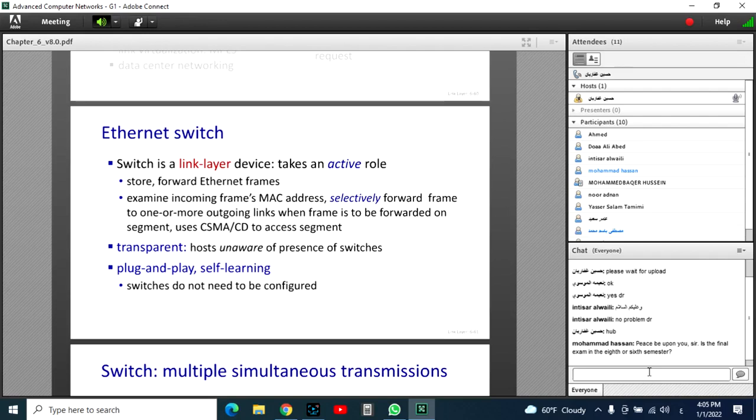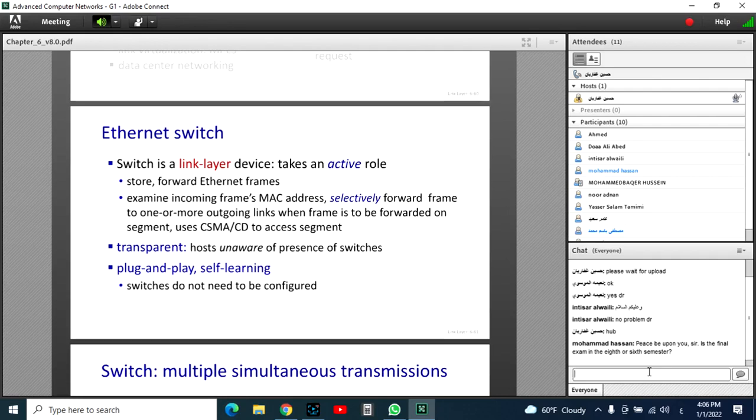A switch just checks the header of a frame and forwards the received frame over a specific port number. So the host cannot detect the switches in a network.